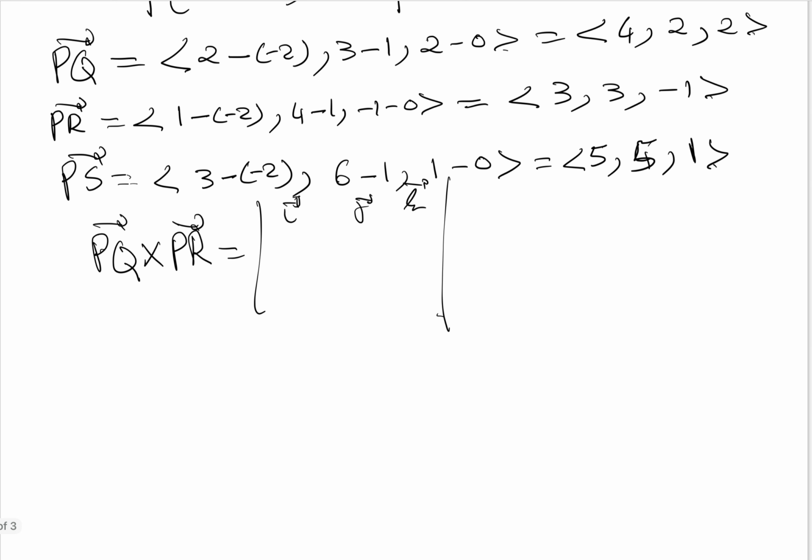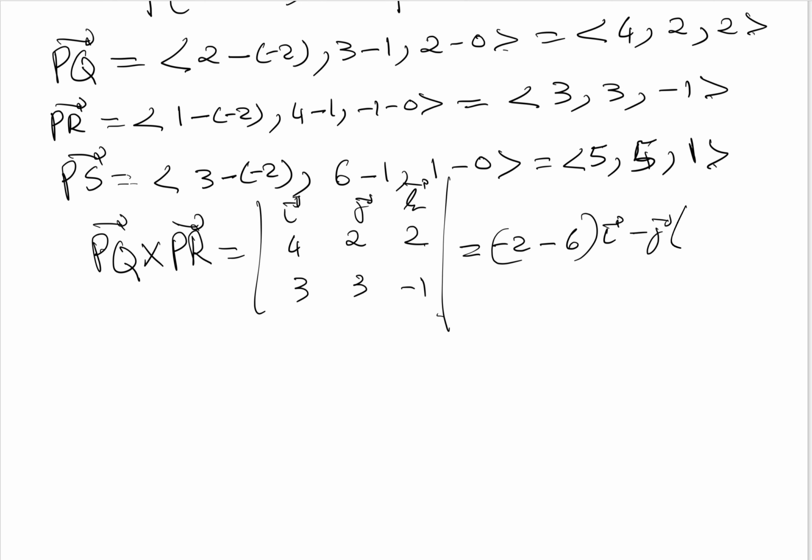PQ vector cross product of PR vector is equal to the I, J, and K vector. So if you look at here, you have the PQ vector which is 4, 2, and 2, and the PR vector which is 3, 3, and negative 1. So here you will have negative 2 minus 6. Okay, that's the I vector.